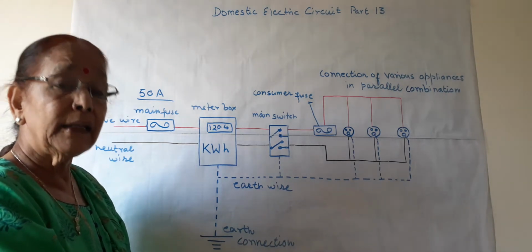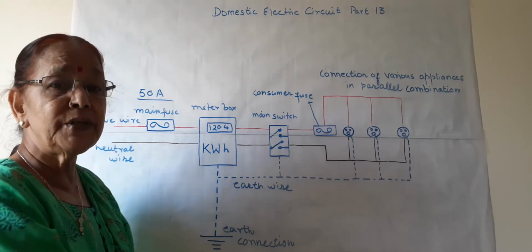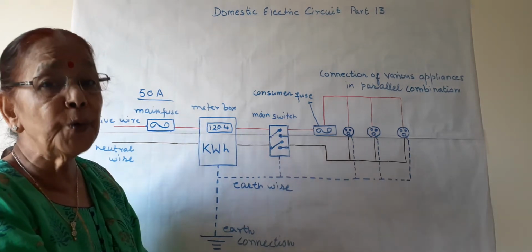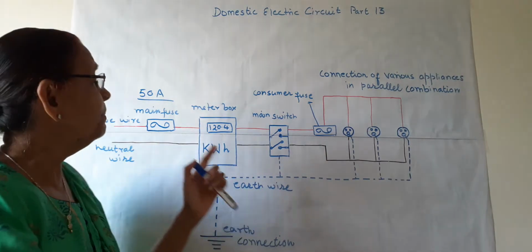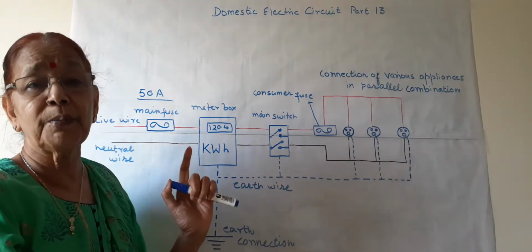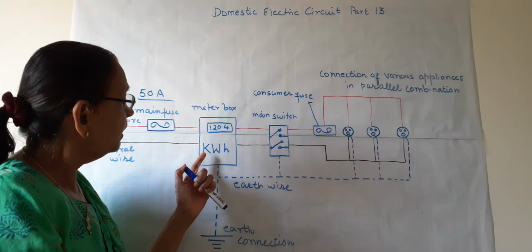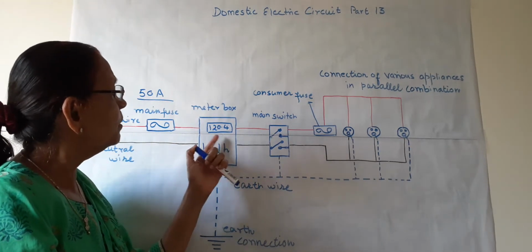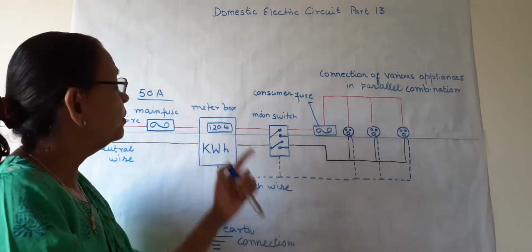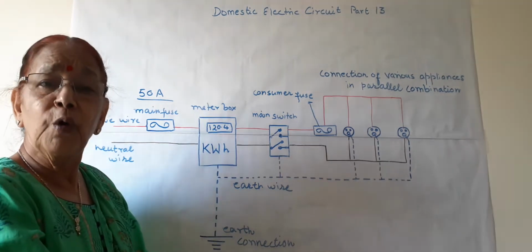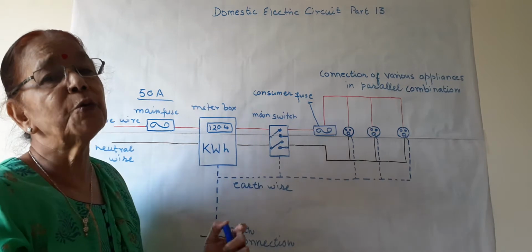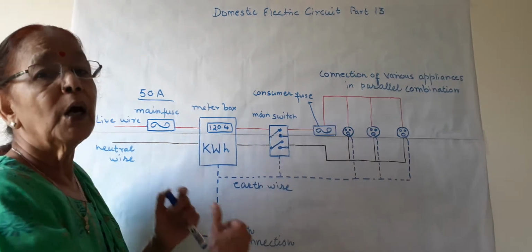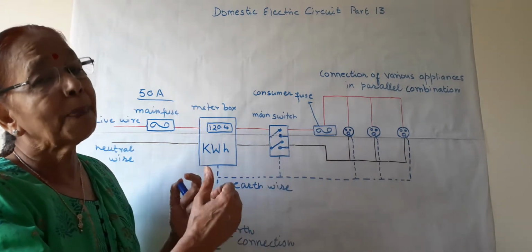It is the unit of energy, and the energy we consume in our household activity can be measured by this meter. So 1 unit is 1 kWh. Suppose in 1 month we have used 120.4 kWh units. Then we have to pay the electricity board according to the rate per unit.